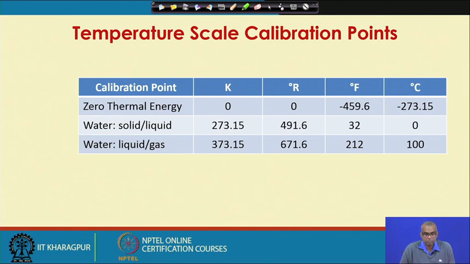So, these are some calibration points in 4 different scales, 2 absolute scales and 2 relative scales. For 0 thermal energy, the Kelvin scale and the Rankine scale will associate 0 to it, while degree Fahrenheit and degree Celsius will be minus 459.6 and minus 273.15.